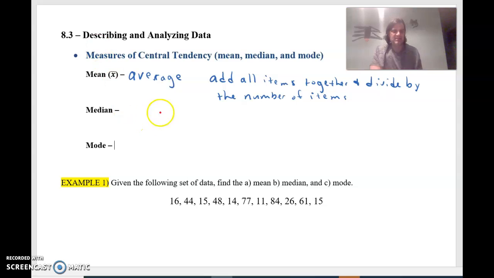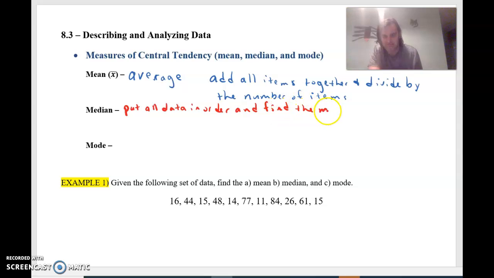The next is the median, which is the middle of a data set, but you need to put all data in order and find the middle term. That means if you had 9 items, you would pick the one in the center, as we'll see in an example.